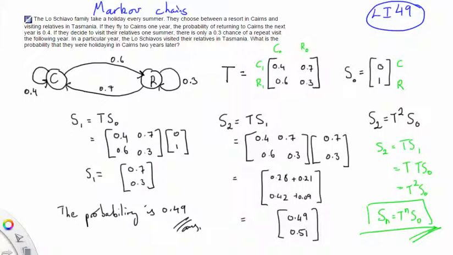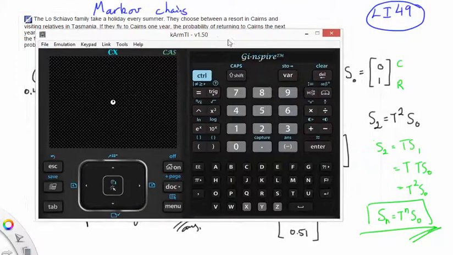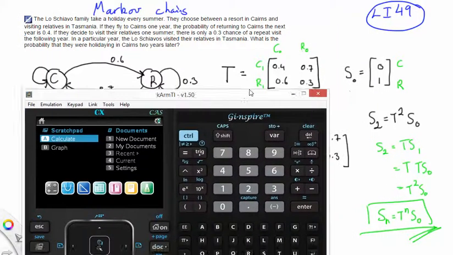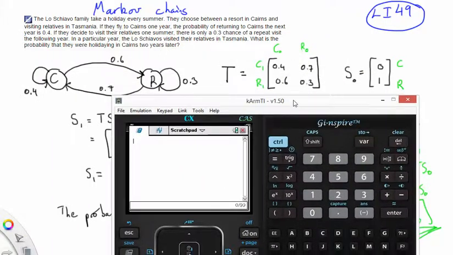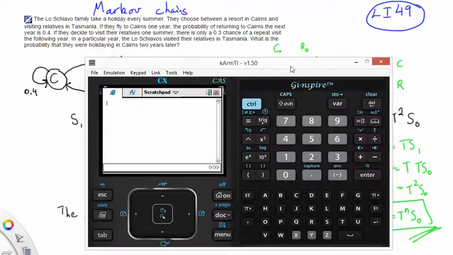But you know what we're going to do now? We're going to check it on our CAS. We love CAS. We love checking answers on CAS, making sure we know how to do things. Okay, let's use this formula to check it. Over here, let's grab our T matrix, our transition matrix. Let's define it.